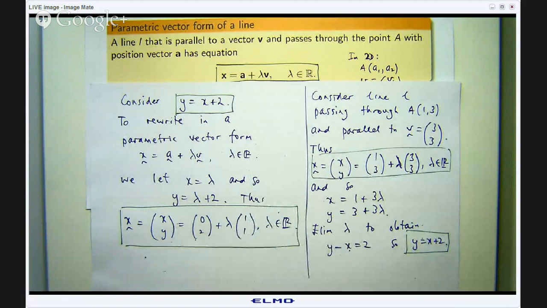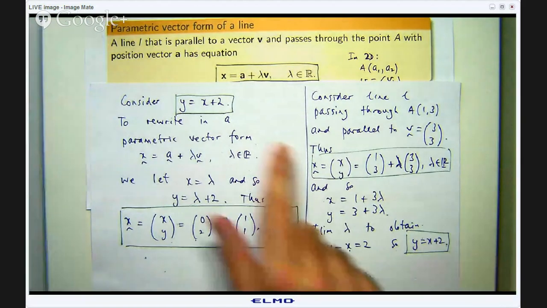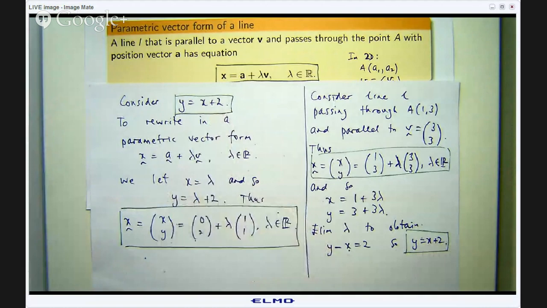There are infinite ways of parameterizing these lines. These are the Cartesian forms, and of course there's only one Cartesian form, but there are an infinite number of ways of describing lines using this parameterization or the parametric vector form of a line.